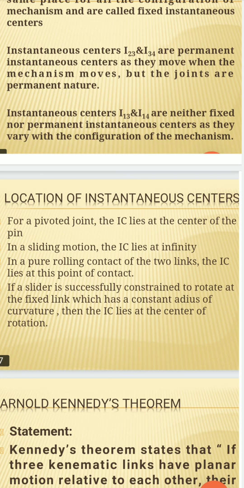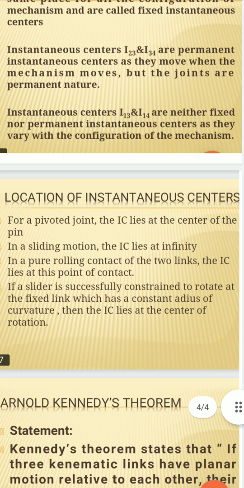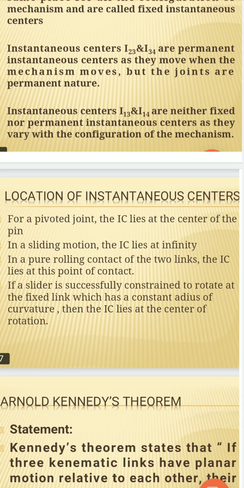Now, for a slider which is constrained to rotate on a fixed link with a constant radius of curvature, the instantaneous center lies at the center of rotation. These are the points you should remember. For a pivoted joint, the instantaneous center is the pivot center. In a sliding motion, it lies at infinity because it is a linear velocity.